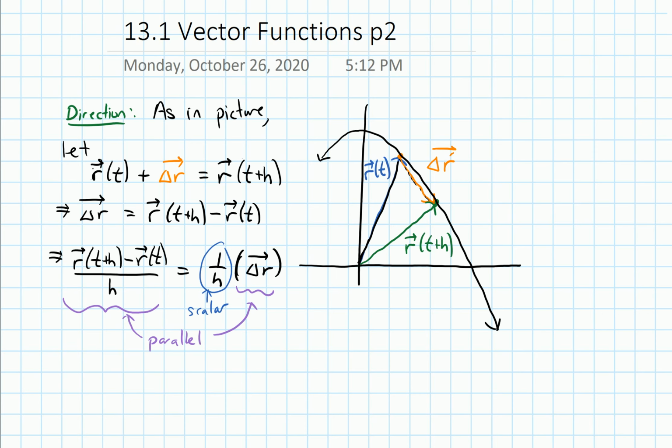The final thing I have to do to actually get the derivative vector is take a limit, as h approaches 0. The smaller h gets, the closer it gets to 0, so as we take points on the curve that are closer and closer to the head of the vector r of t, that delta r vector will be tangent to the curve.